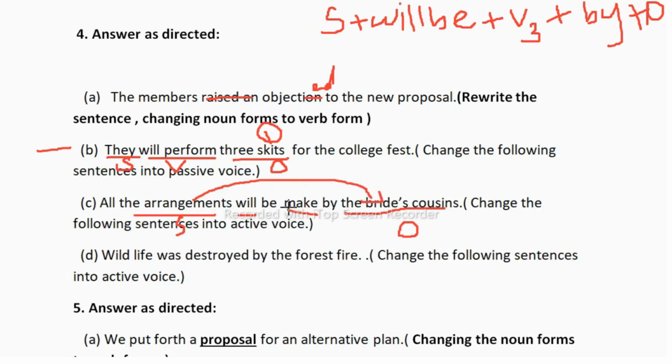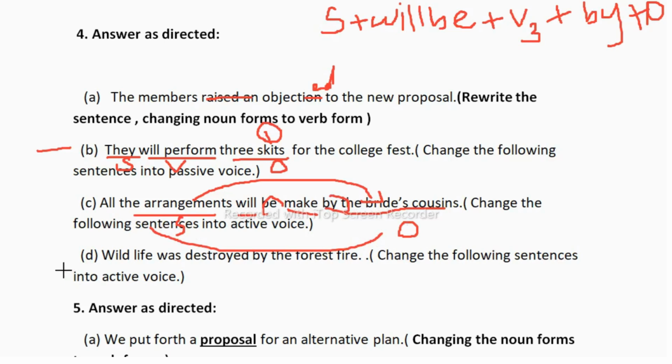Now this one will come here. So the first one is, the bride's cousins will make all the arrangements. This is your correct answer. We have to remove this be and by. No need to use this be and by. Just simply, the bride's cousins will make all the arrangements.